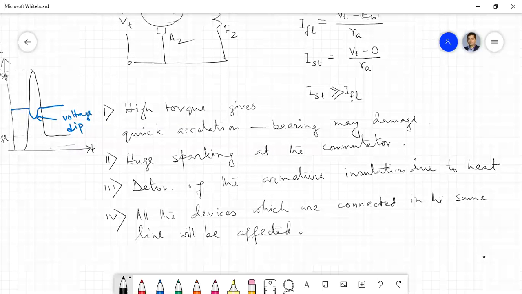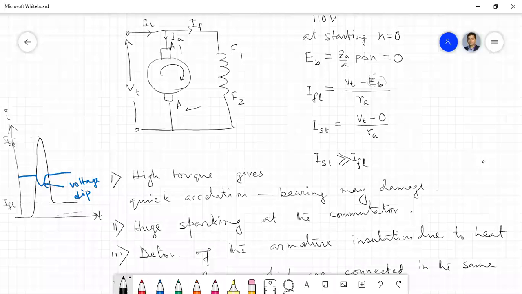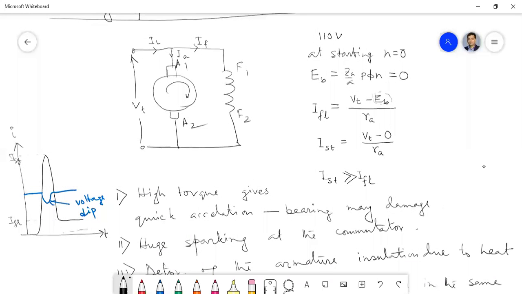So this is the problem with the starting of a DC shunt motor direct online. So this type of starting, suppose I have a 110 volt supply, and what I am doing, I am connecting this 110 volt directly to this machine.